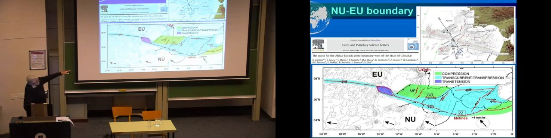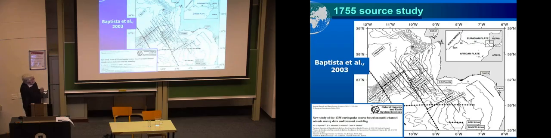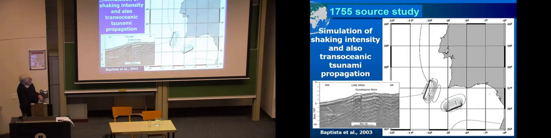These faults have now been mapped in some detail, and the points to note, the MP and the GB locations, are the areas that, after these detailed studies, are considered to be the source areas for the Lisbon quake. One of the important things was that it's now considered that both of those faults, on the Marquis de Pombal Bank and the Guadalquivir Bank, had to be activated at the same time.